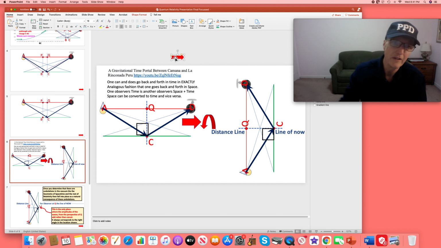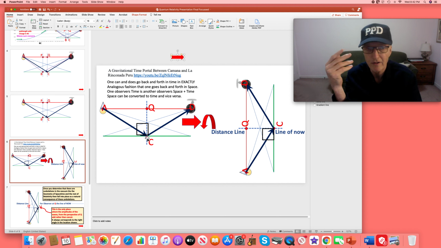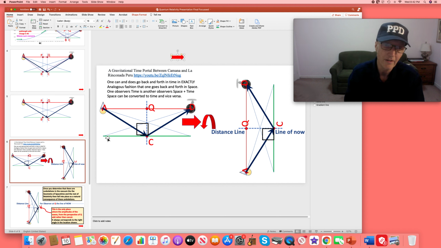So what we're going to do here is take the same diagram that Feynman was working with, where we established that the quantum waves add very close to this point C. You notice here that the line between Q, the observer, and C, where phenomena can be observed, on this green line, the line QC intersects at a right angle.